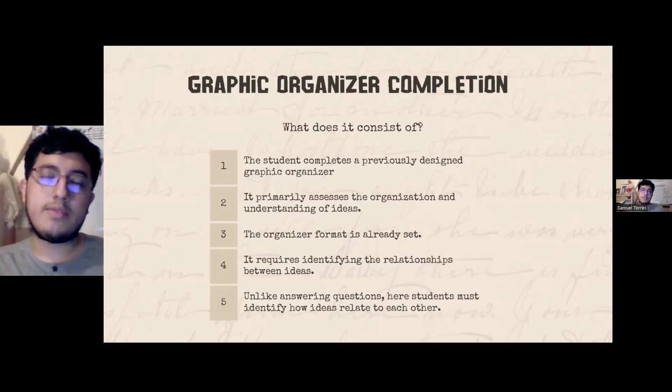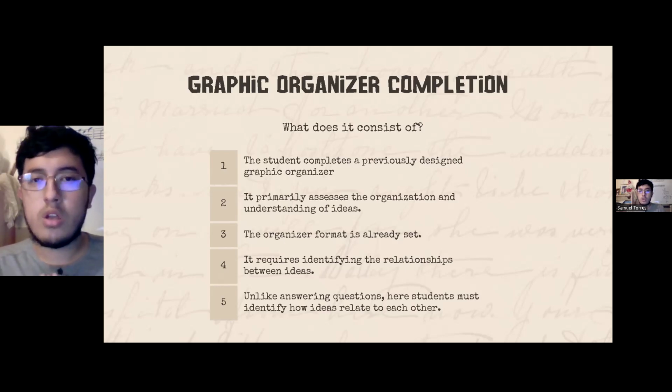So this first one is basically a graphic organizer given by the teacher, but it is empty. It's just set up so the student needs to do the process of thinking in a coherent way.